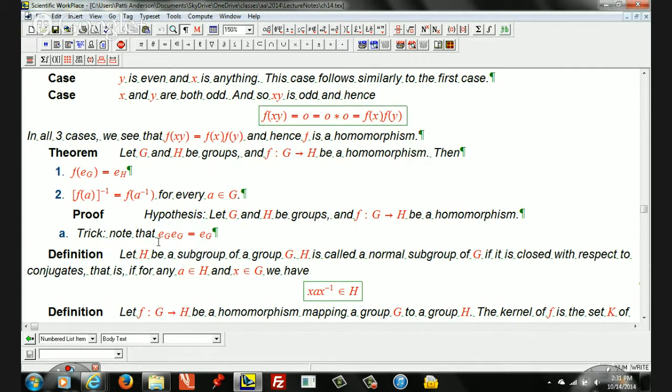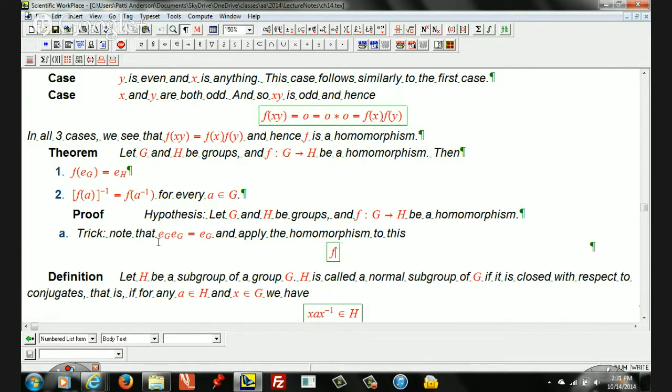And when you apply the homomorphism, you get F of E sub G equal to F of E sub G times F of E sub G, two of them. You have to take that through, right?